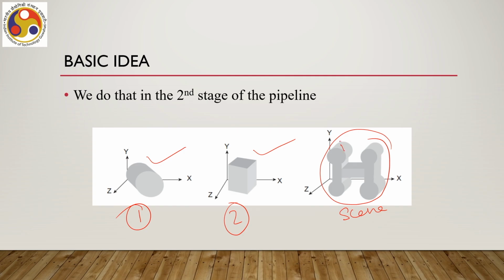Say for example, this is one instance of object 1, second instance of object 1, third instance of object 1, fourth instance of object 1. So, these are all object 1 and these are all object 2.